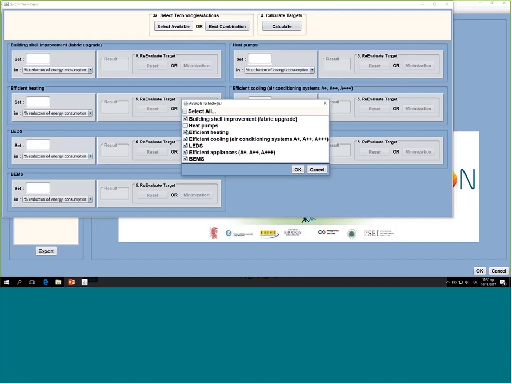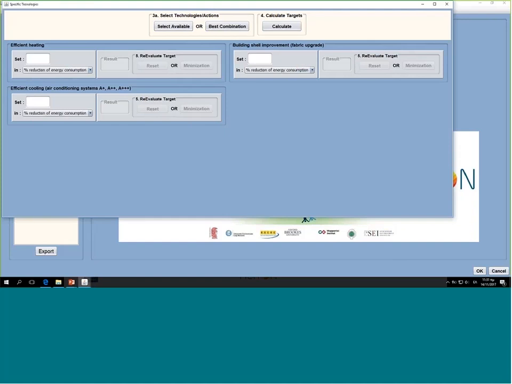So I'll select here 3 technologies and provide here the percentages that correspond to what a user may select. 45% penetration of efficient heating, 37 for the efficient cooling, and let's suppose that it's 20% reduction in energy consumption. Calculation, and the user can see how these percentages are modified because of the barriers.